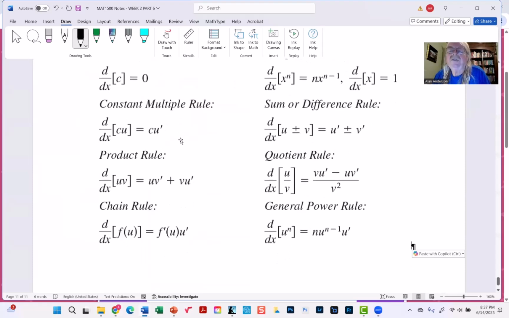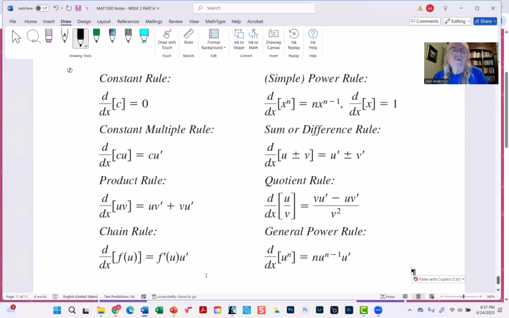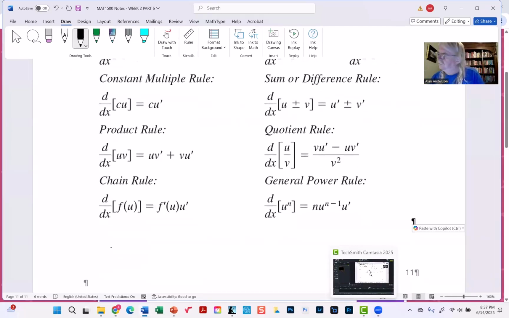I guess I figure it'll be easier to remember it this way. The u is being used instead of f of x. The v is taking the place of g of x. u prime is u prime of x. v prime is g prime of x.